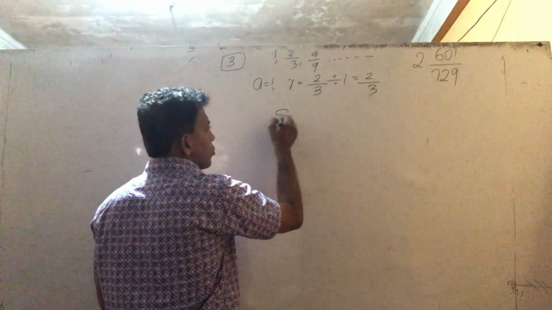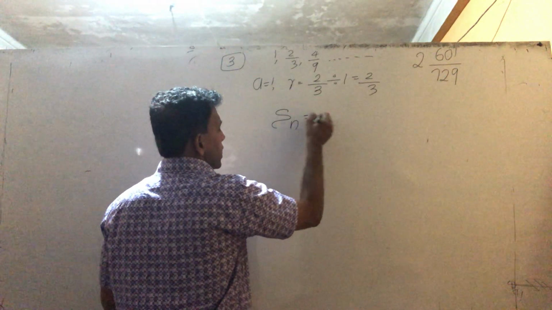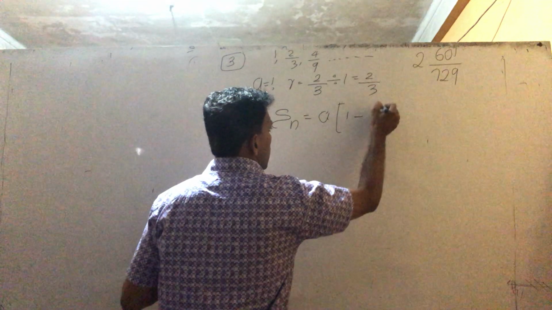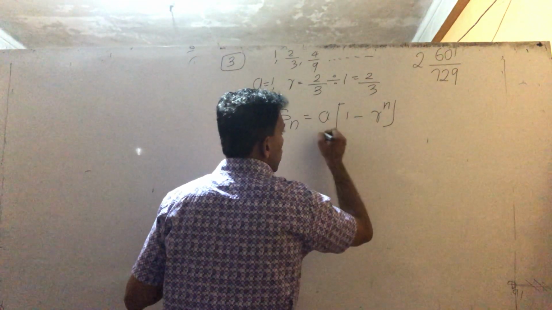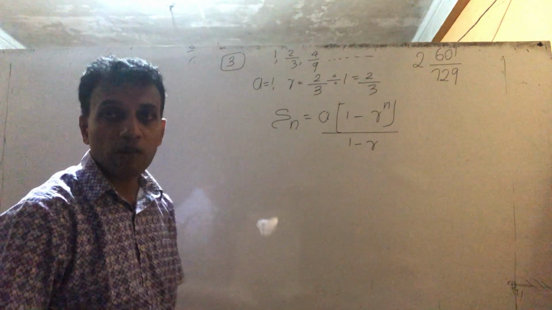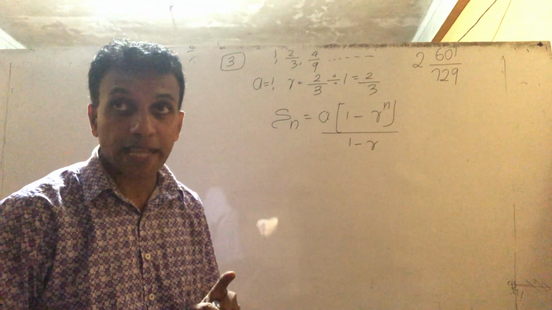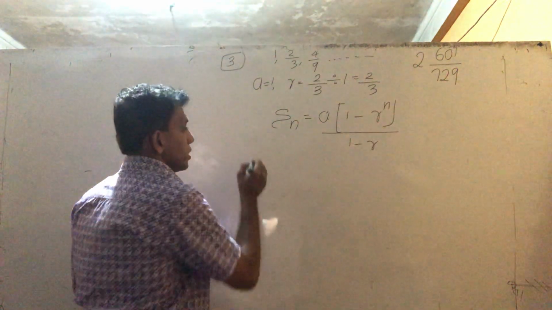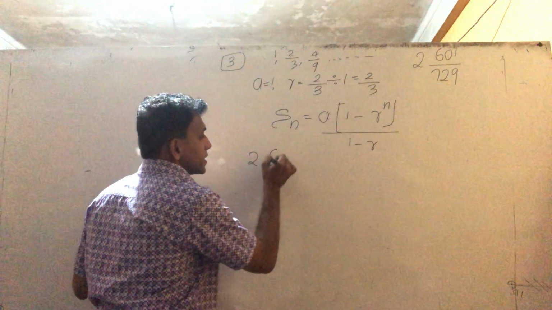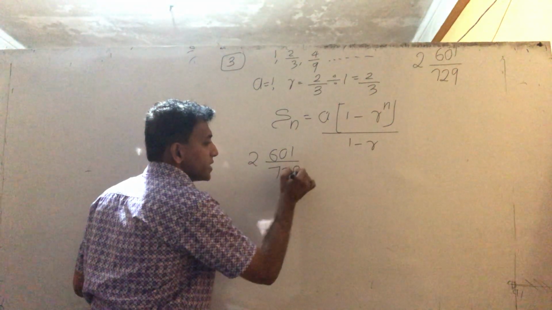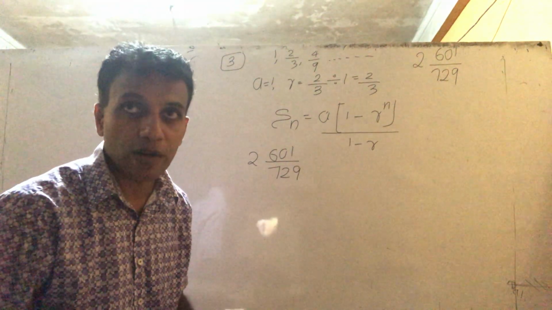Therefore, when the common ratio is smaller than 1, you write the summation formula Sn equals a(1 minus r to the power n) over 1 minus r. It is the most suitable formula here because r is less than 1. Now Sn is given. What is Sn? 2 and 601 over 729. That is Sn, right?